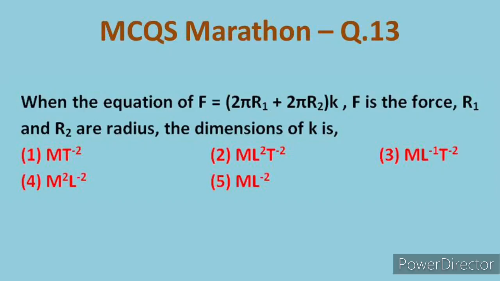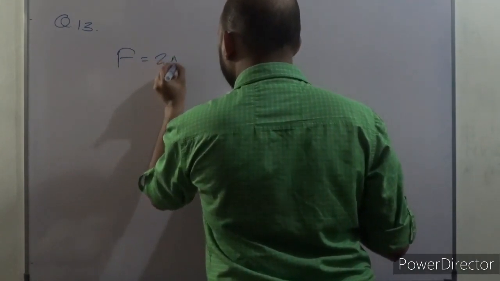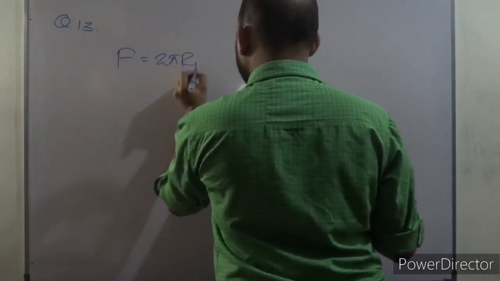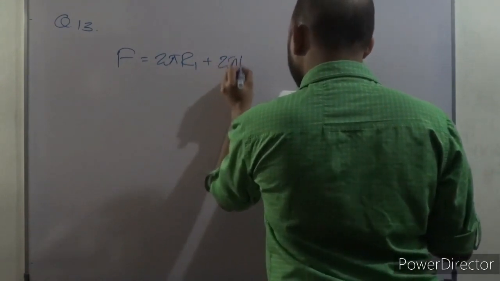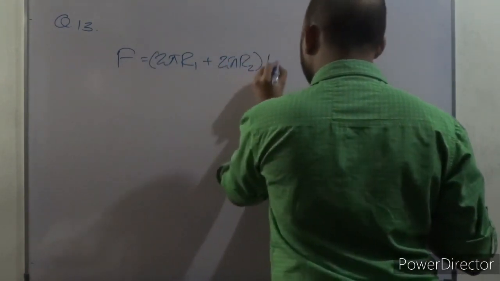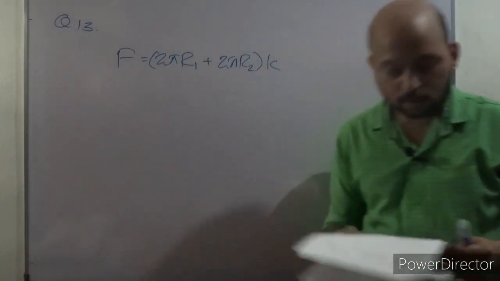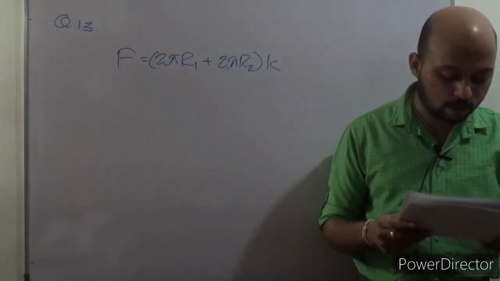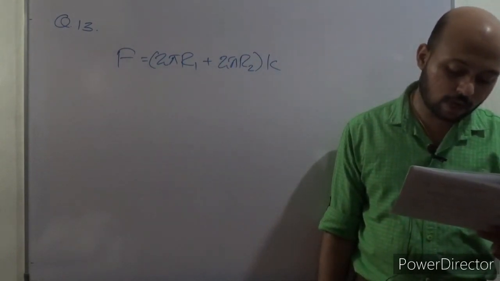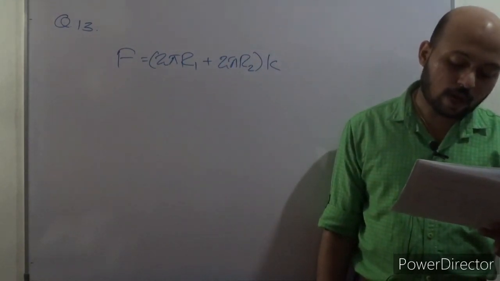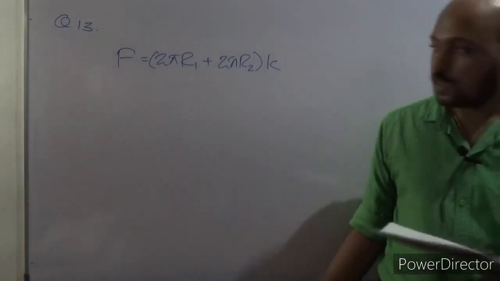Right, question number 13. When the equation is F equal to 2πr1 plus 2πr2 into k, F is a force, r1 and r2 are radii, the dimension of k is.